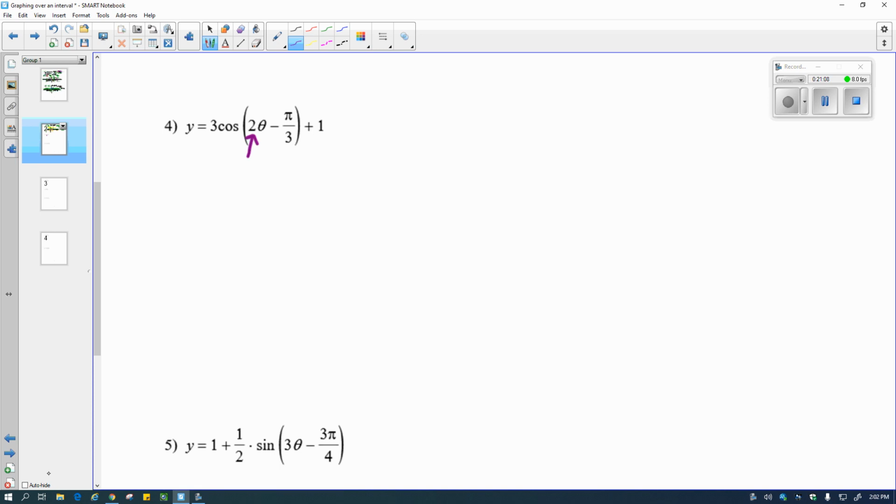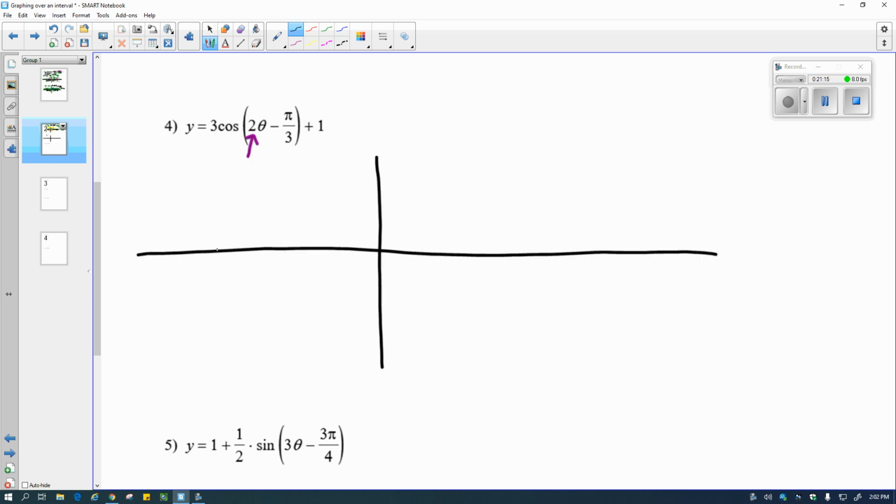I'm going to have to keep that in mind when I sketch my graph, because this one says I can fit 2 of them in 2 pi, which means this would be one cosine graph. This would be another cosine graph.